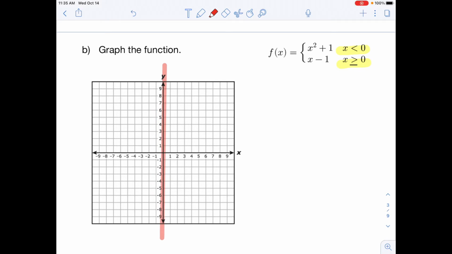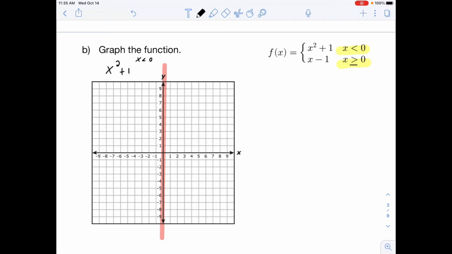That's my dividing point. So basically, when x is less than 0, I want x squared plus 1. Following this domain, when x is less than 0, which is this side, I want the function x squared plus 1.